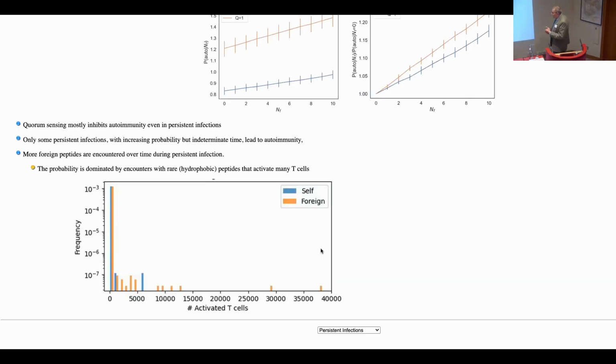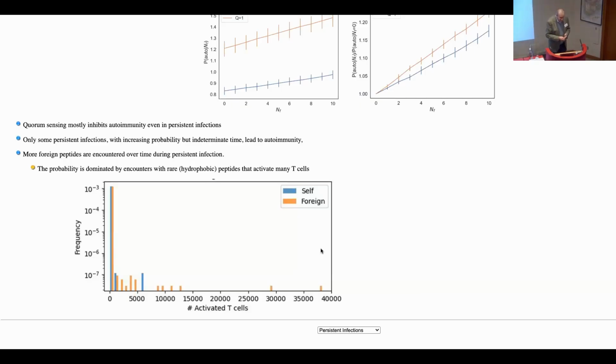And we found that, surprisingly, among those that are presented, there are some that are composed of very reactive amino acids, which means that they can activate a huge number of T cell receptors.